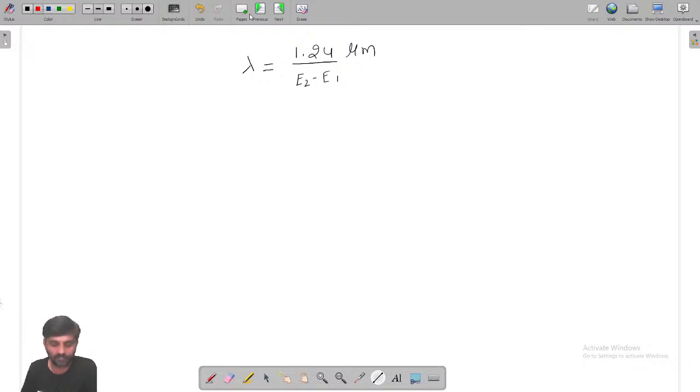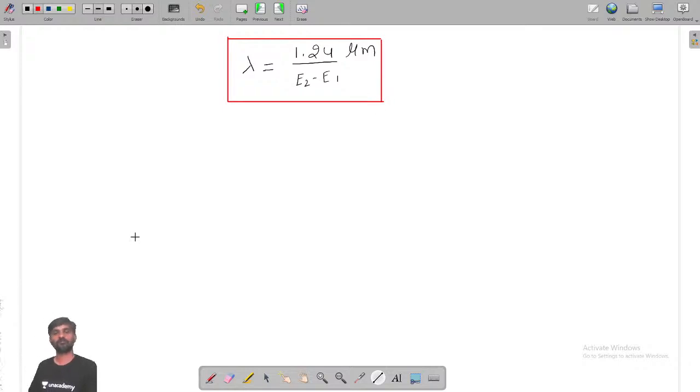This is a very important formula, sir. We'll try to do one problem also based on this. This is in micrometers. Sir, sometimes they will also mention the formula of this lambda, the wavelength.